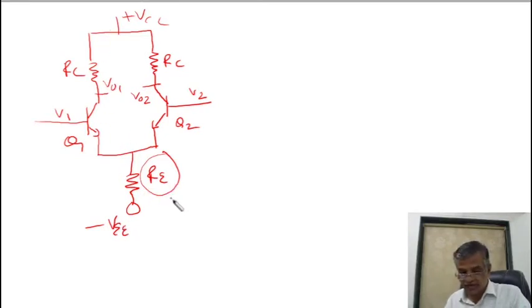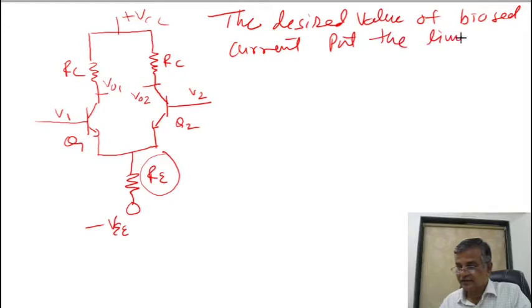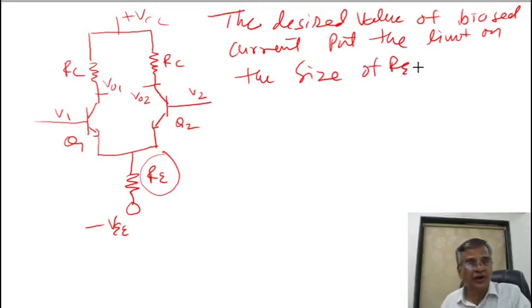In short, I want to say that the desired value of the bias current puts a limit on the size of RE, on the value of RE.